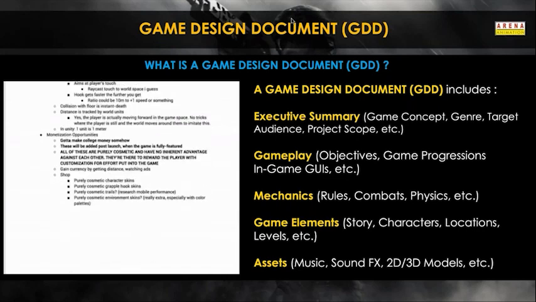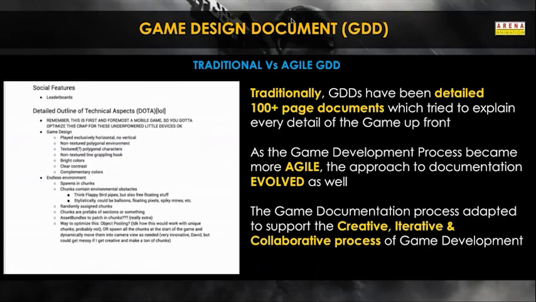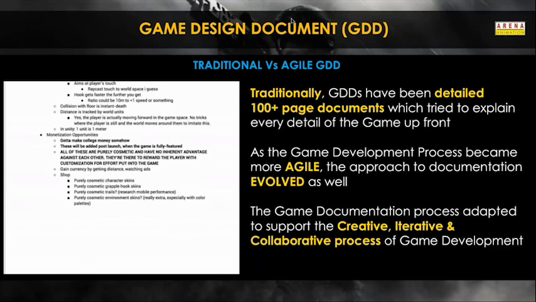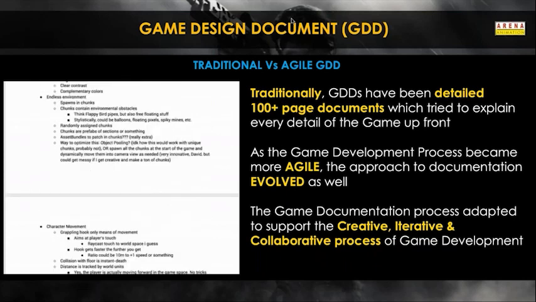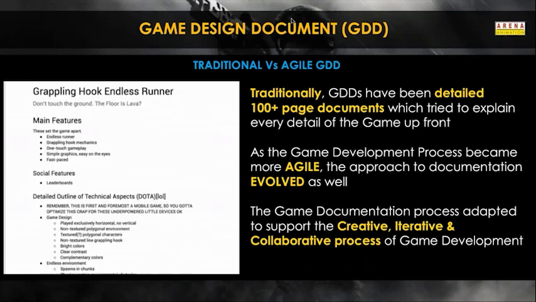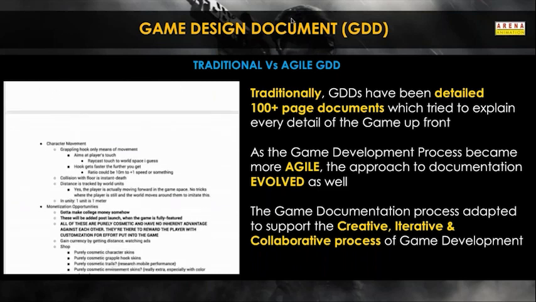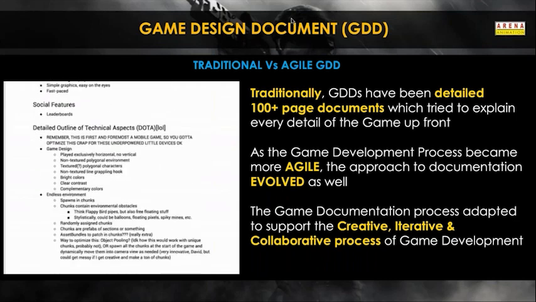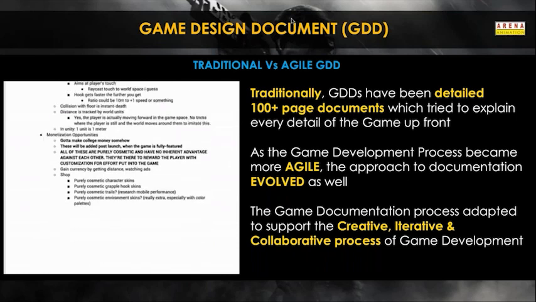Okay. So what is the difference between a traditional game design document and an agile game design document? A traditional game design document is a Word document of 100+ page detailed documentation, which tries to explain every detail of the game up front. As the game development process became more agile, the approach to documentation evolved as well.